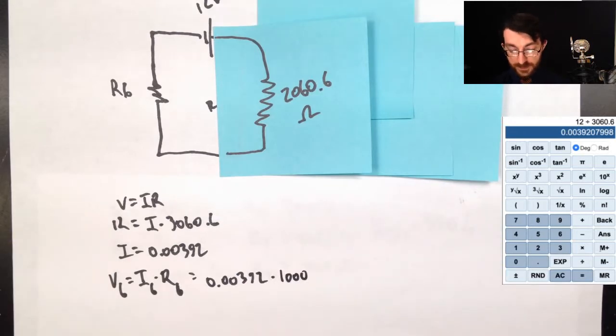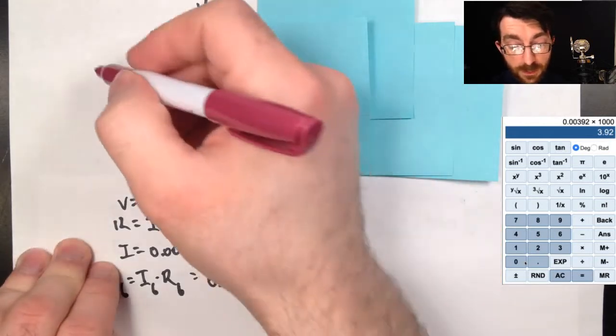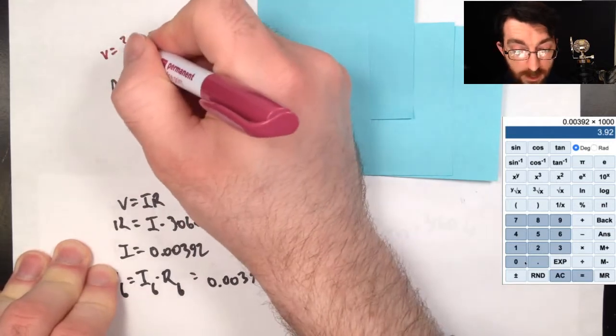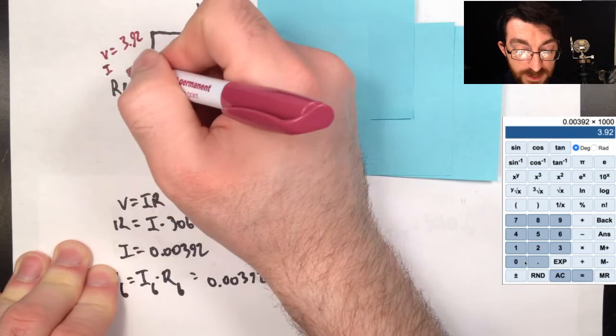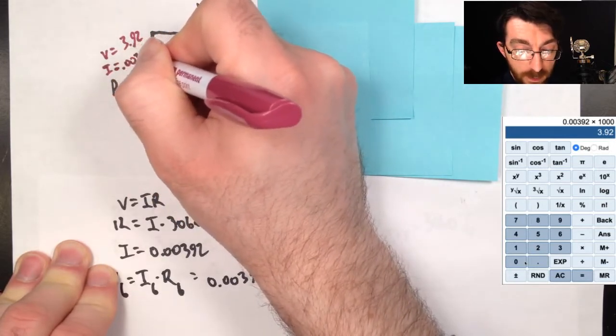All right, let's multiply those. 0.00392 times 1000. 3.92 volts, ladies and gentlemen. So let me write this in a color. The voltage across resistor 6, 3.92. And the current through resistor 6 is 0.00392.